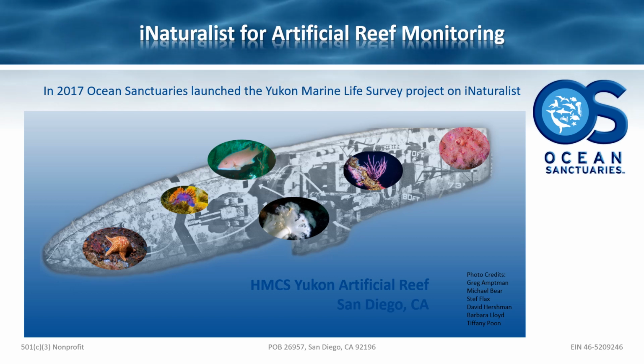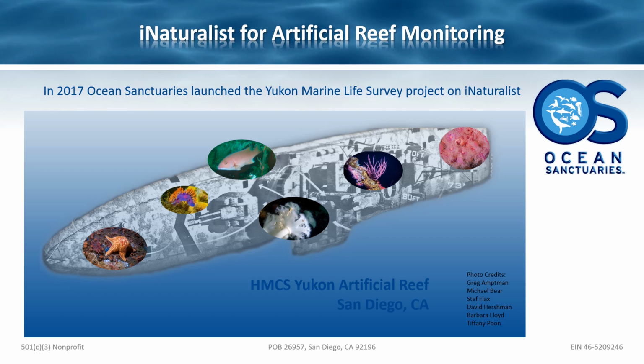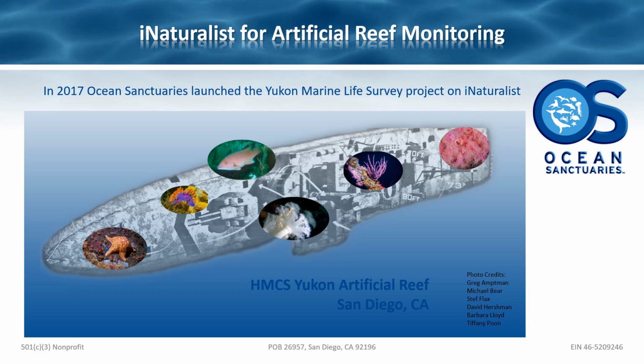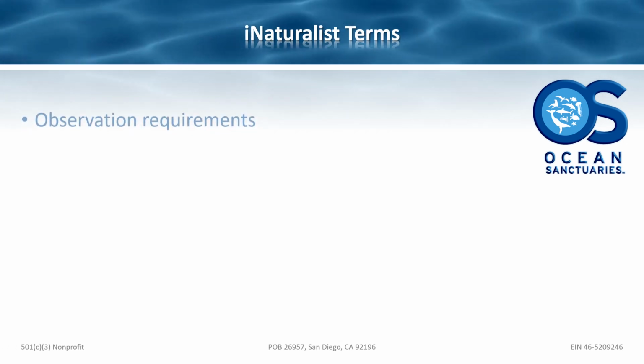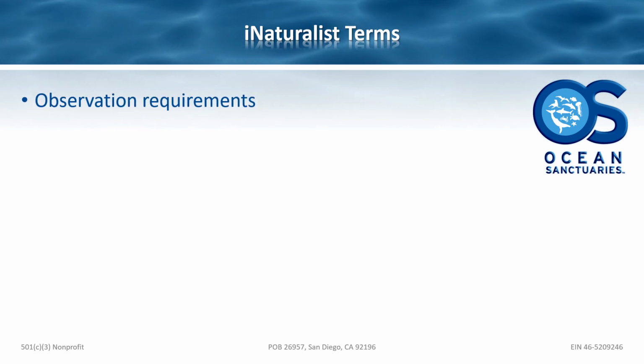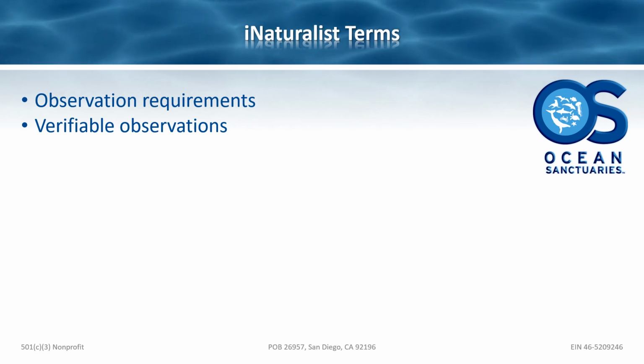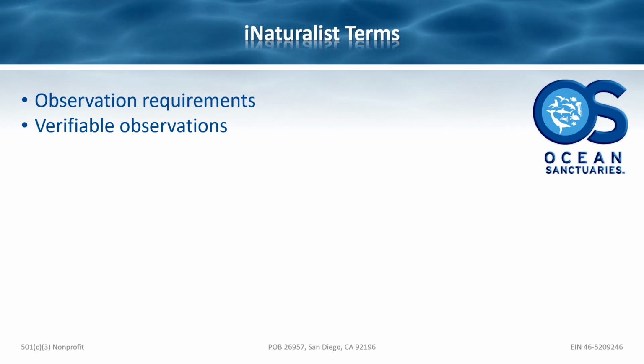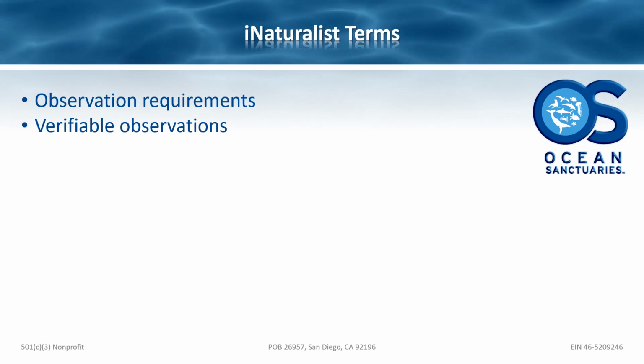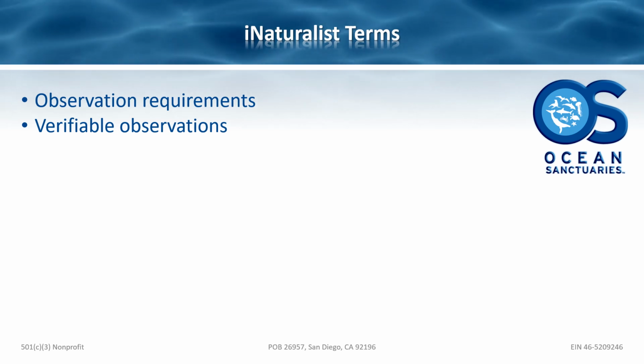Divers are encouraged to photograph as much as possible. The photographs can then be uploaded after the dive into iNaturalist to ensure higher accuracy of identification. All observations need photos, locations, and dates. They become verifiable if they have the date, are geo-referenced, have photos or sound, and aren't captive or cultivated.